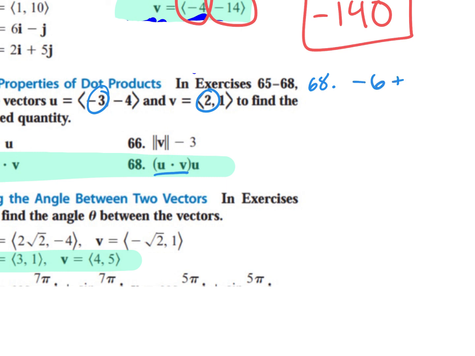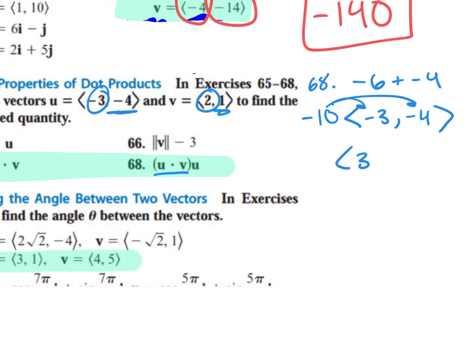Plus the second times the second. So -4 times 1 would be -4. So when we add these together, we get -10. And then -10 times vector U, which would be -3, -4. So we just have to distribute that -10 to both the numbers on the inside. So this would be 30, 40.